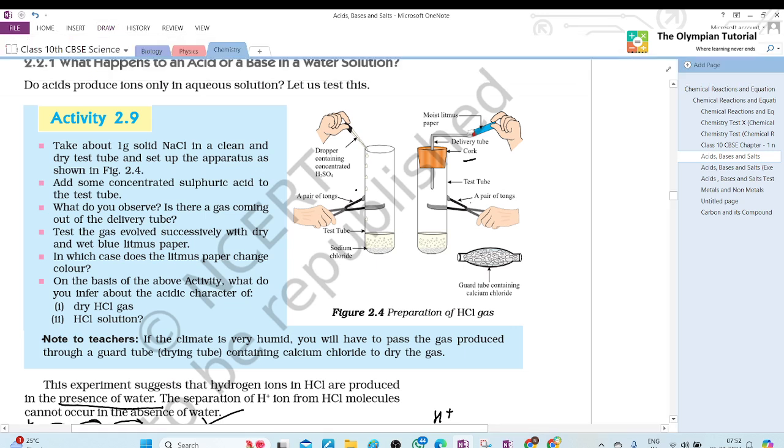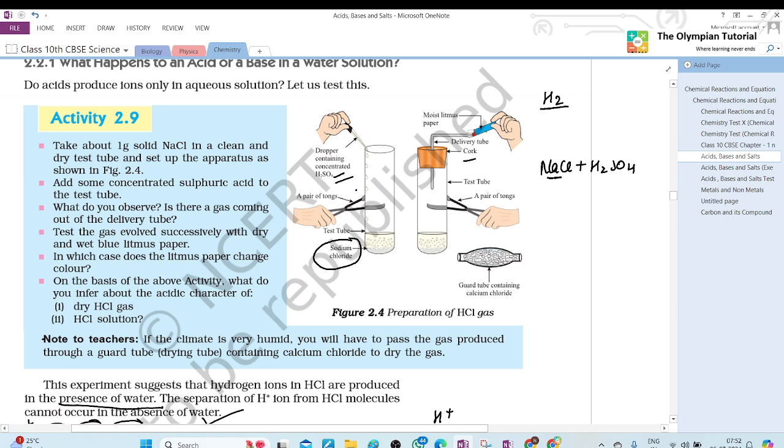Students, here sodium chloride is reacting with H2SO4. Sodium chloride, dropper containing concentrated H2SO4, then hydrogen chloride gas is evolved, and it will be tested.